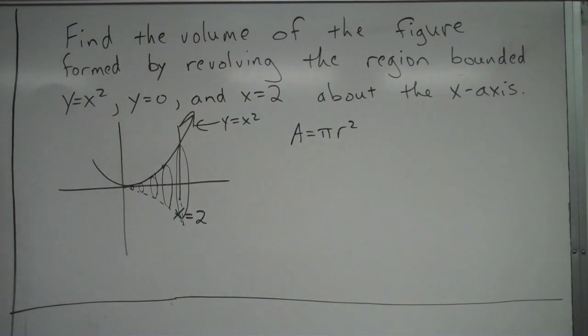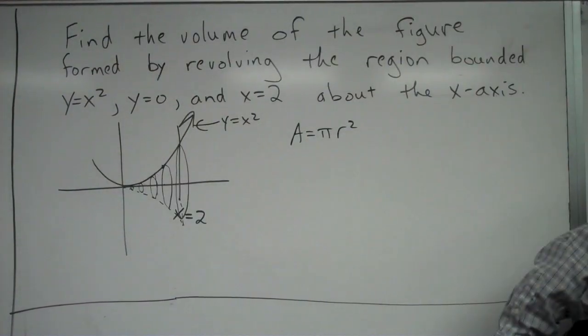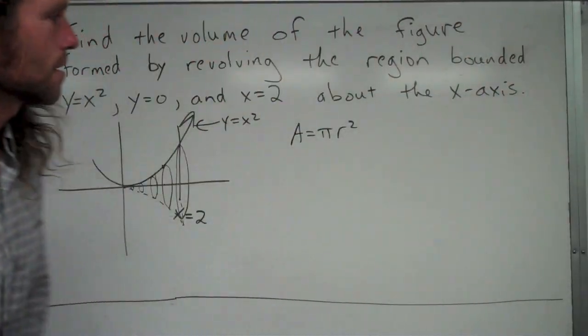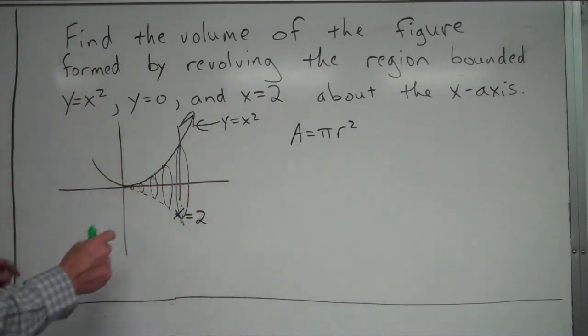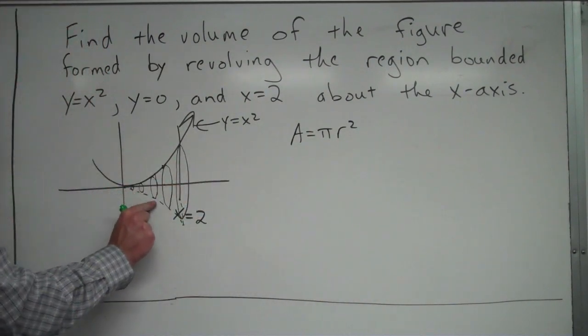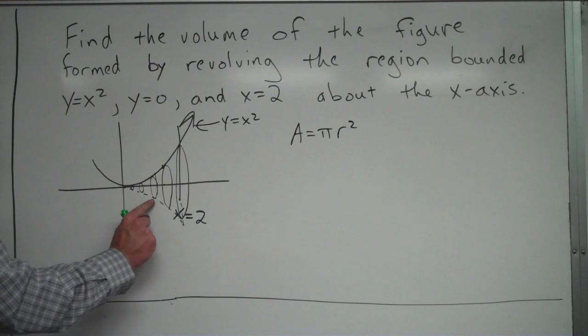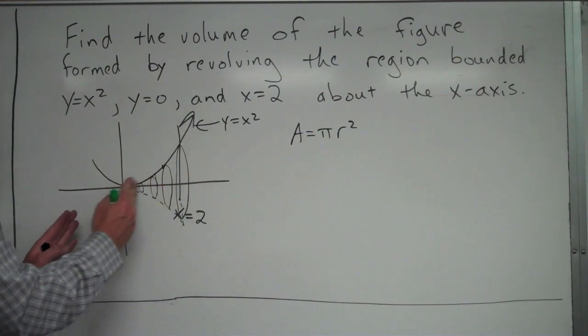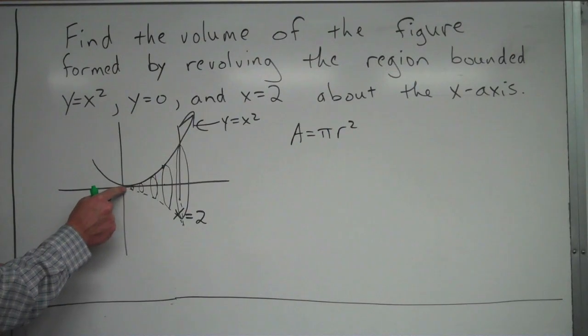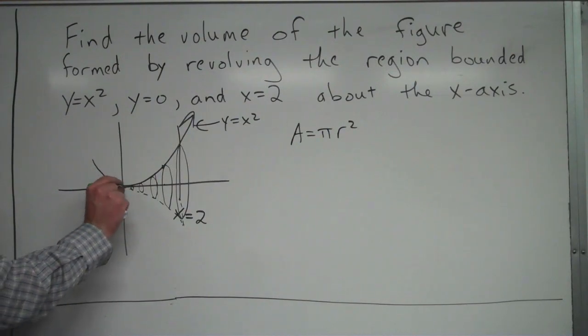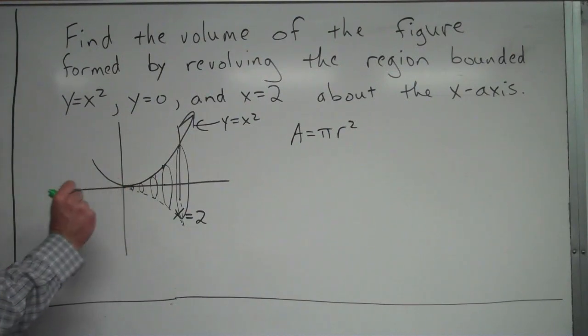Now, what I recommend on all of these problems is to draw your radius, because you want to find A equals pi r squared. What am I talking about? I'm talking about the area of these circles right here, but you notice how these circles change in area depending on where x is. In this particular figure, as x is real close to 0, the radius of those circles is very small, so the area of the circles is small.